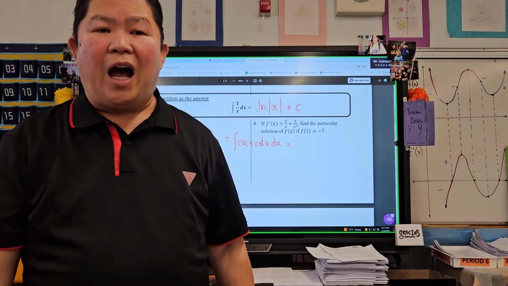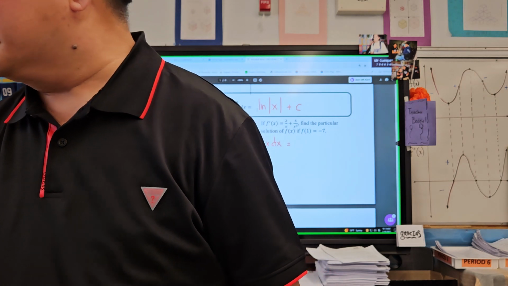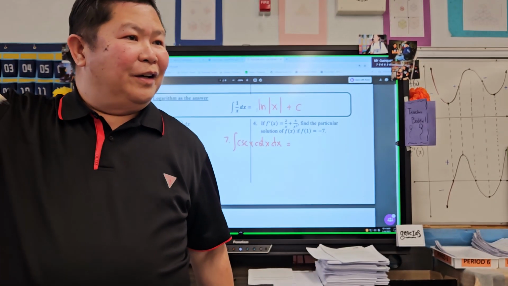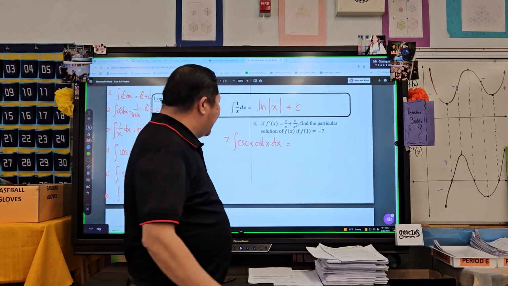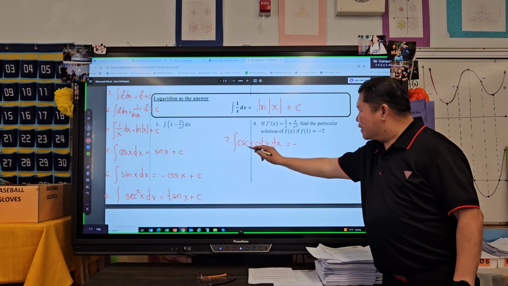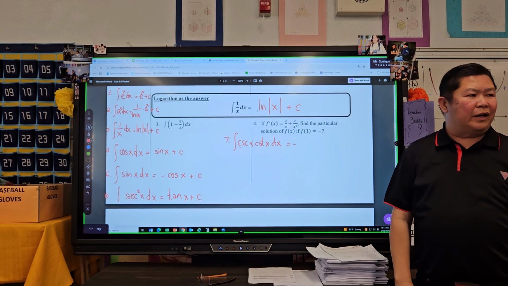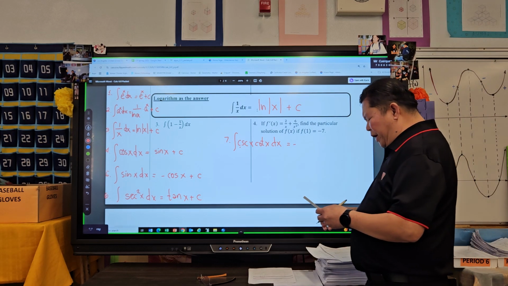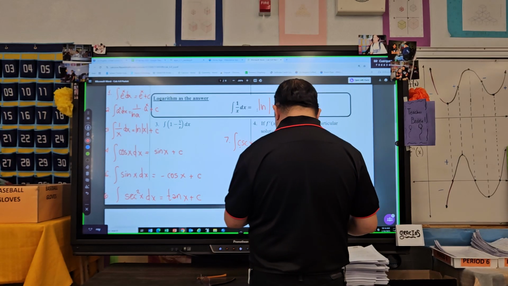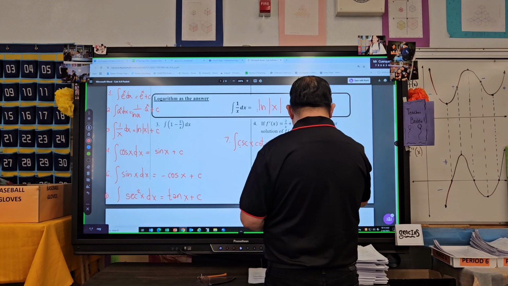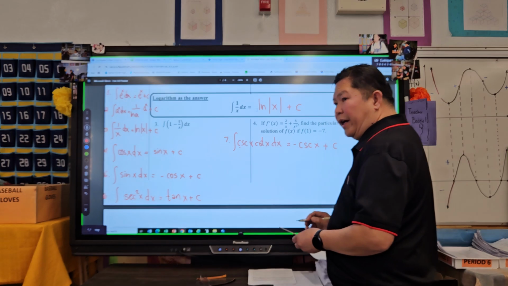All C's are negative. Remember? Okay, that means negative. Because this starts with letter C. All C's are negative. So which means negative cosecant x plus c. Okay?